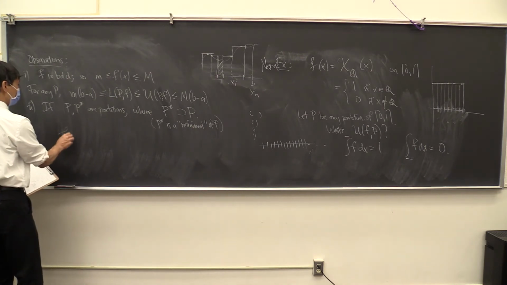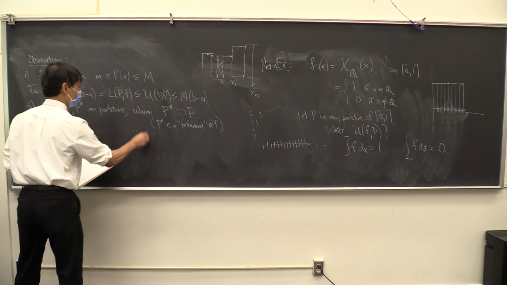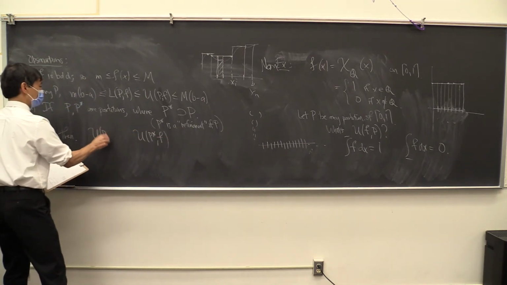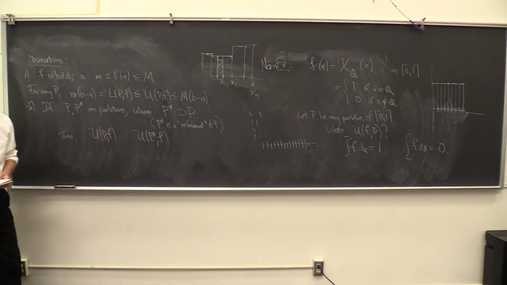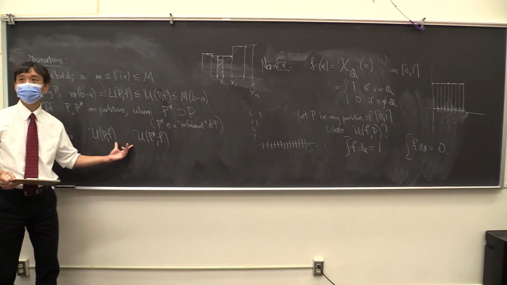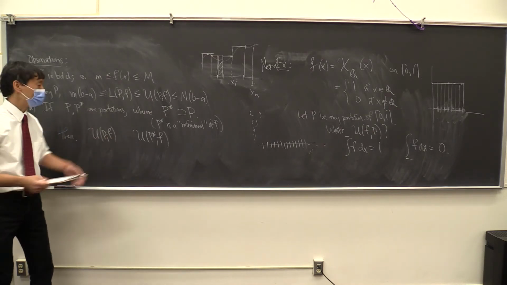Then what am I going to write here? What's the relation between the upper sums? Keisha? The left one is larger, right?